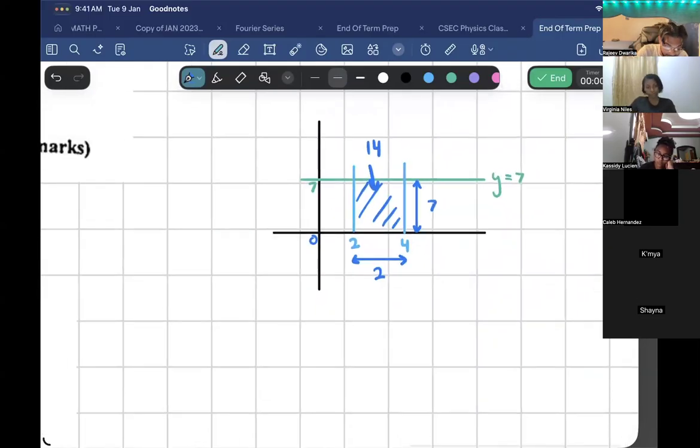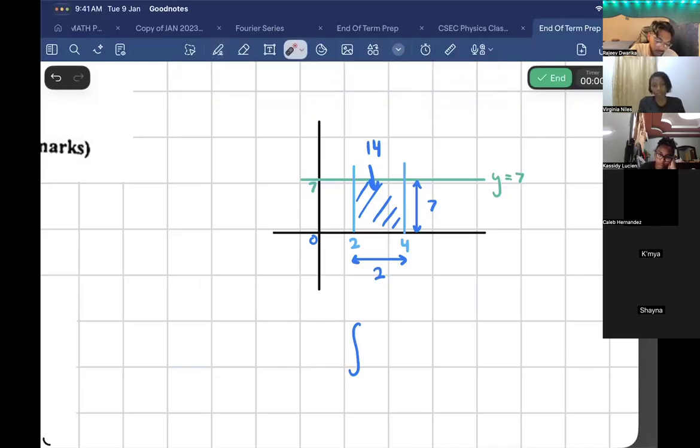Now, Cassidy and Virginia, look at this. Cassidy, have you learned how to find area on the graph already? Okay, well check this. When I'm integrating, I'm going to look at the upper and lower limits.